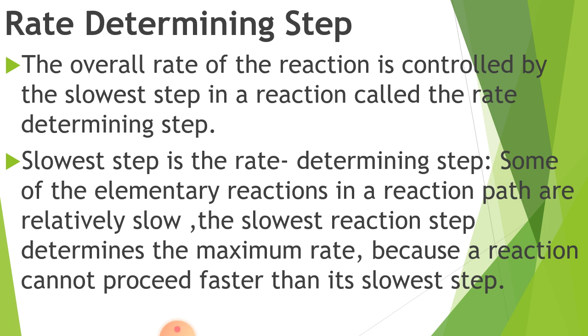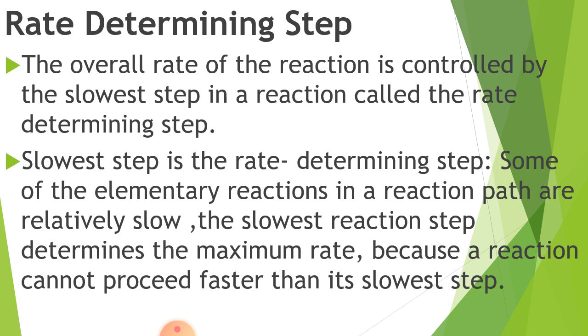So here, if the reaction takes place in multiple steps, you have to find out the slowest step of the reaction, so that determines the rate of the reaction. The overall rate of reaction is controlled by the slowest step in a reaction, called the rate determining step. The slowest step is the rate determining step.